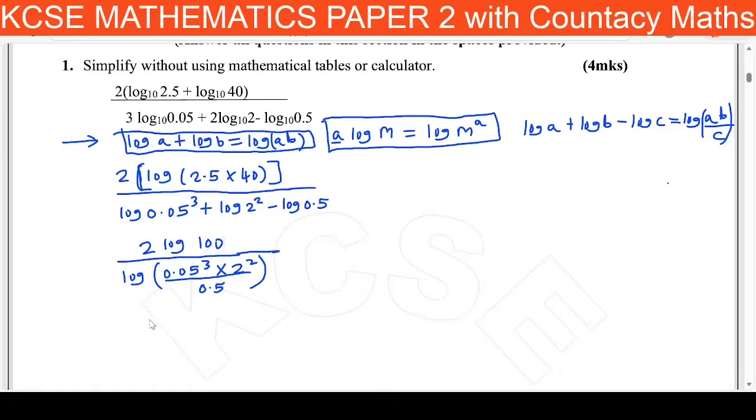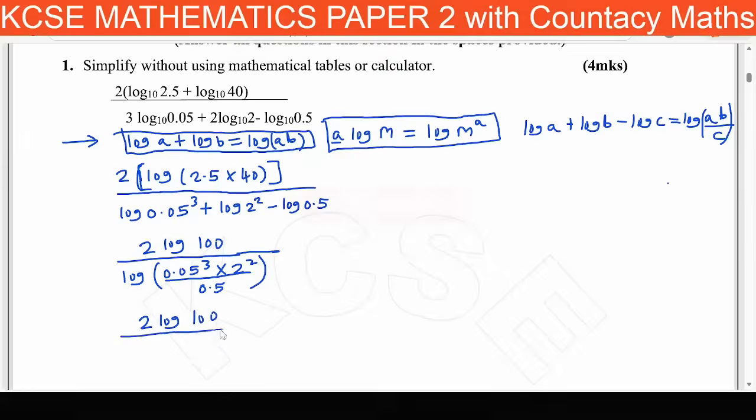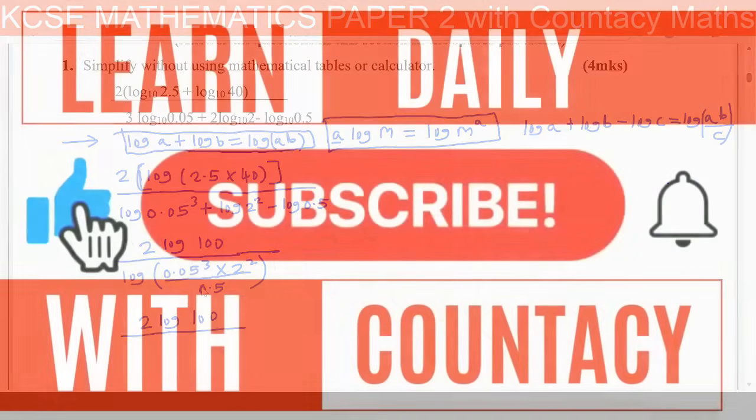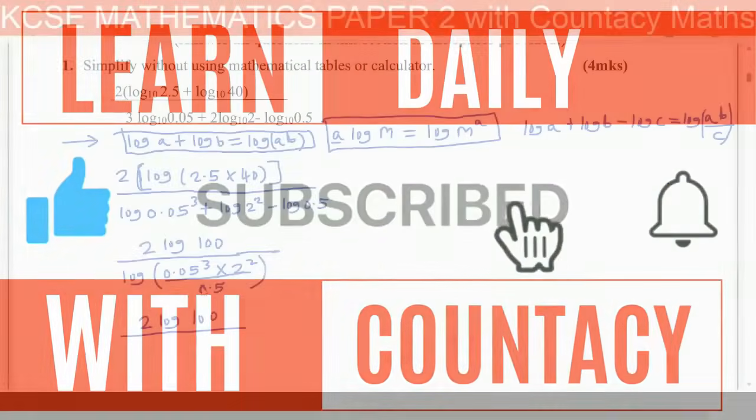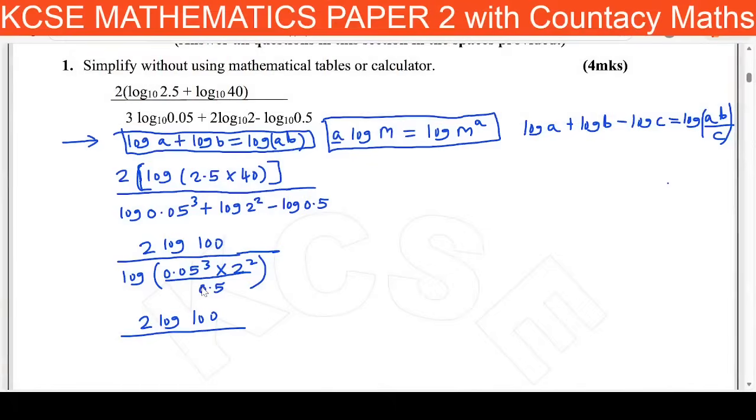So finally, on the upper part, what you're going to get is 2 logarithm of 100, and then we divide by, let's go ahead and do 0.05 to power 3, multiplied by 2 to power 2, which is 4, divided by 0.5.